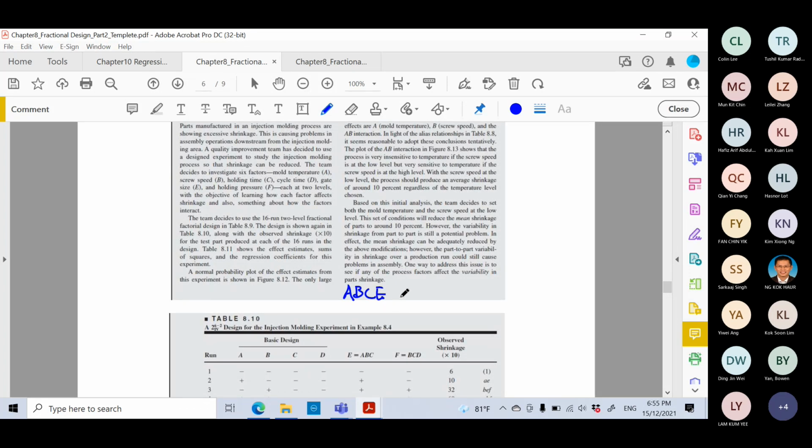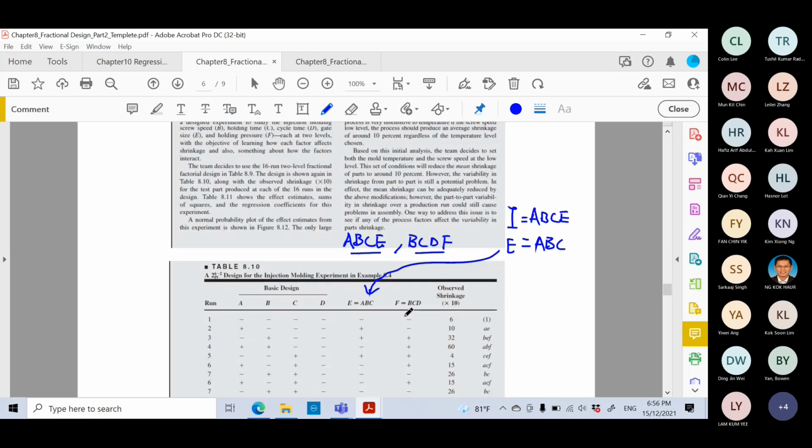The second generator they consider in this example will be B, C, D, F. Okay, they consider these two as generators. Then from these two generators, they have I equal to A, B, C, E. So you multiply by the E here, they get the ABC. So this one will equal to what you have here. Similarly, for this part also, you have a second one.